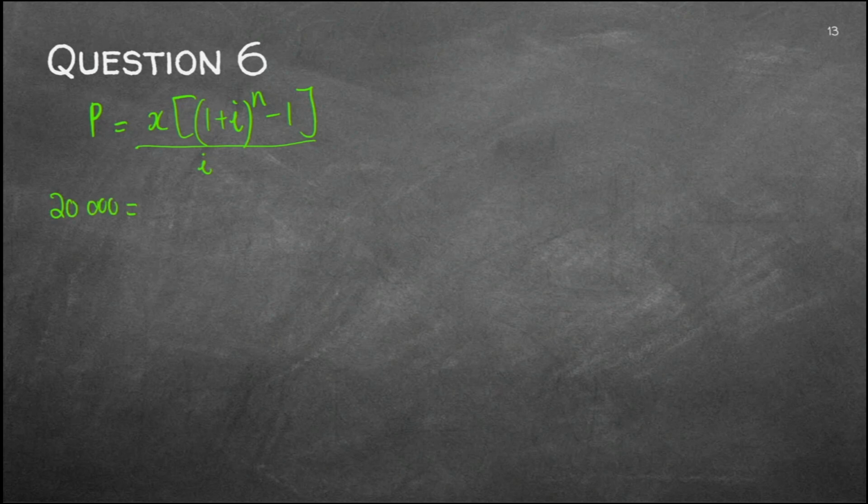So let's get started. So P is equal to X, open bracket, 1 plus I to the power of N minus 1, over I. Start substituting it in. 20,000 rand is equal, not 1.6 million. Remember, that's the total amount he got. 20,000, that is your X value.